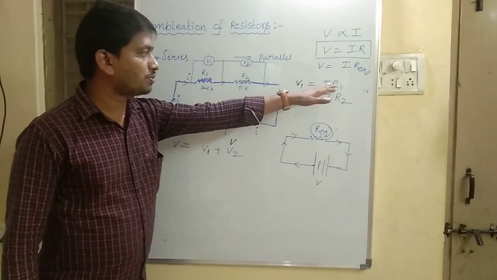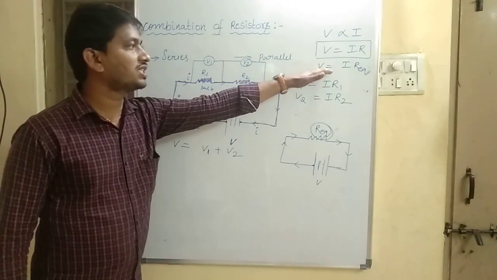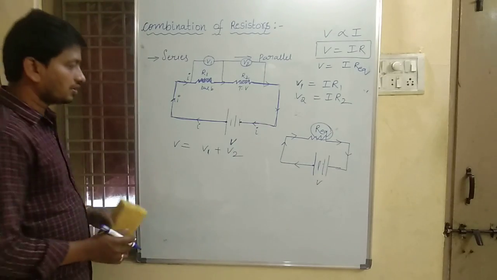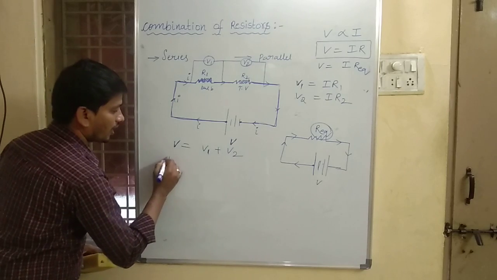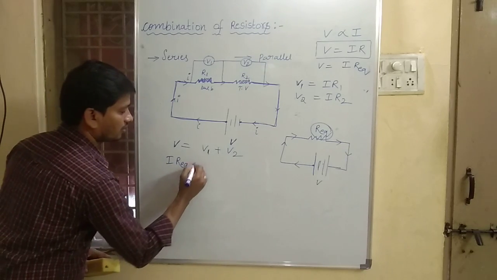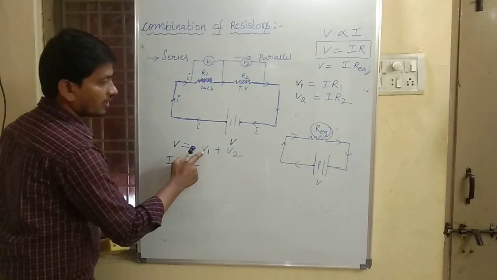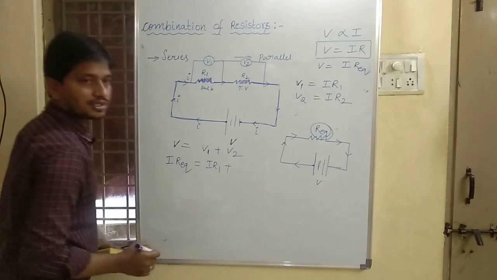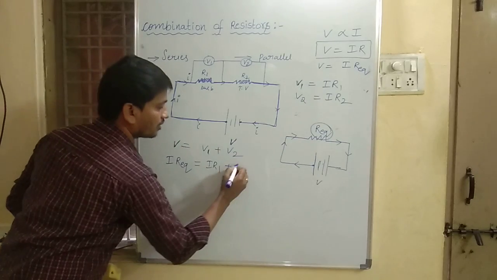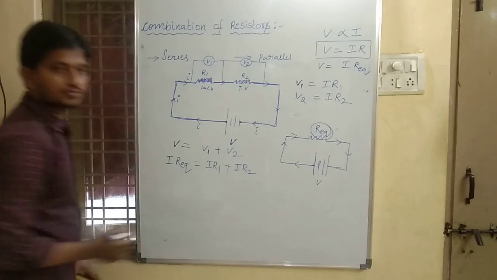Okay. Now let me substitute V1, V2 as well as V in this equation. Potential difference V equal to I R equivalent equal to V1, which is I R1, plus V2, which is I R2.